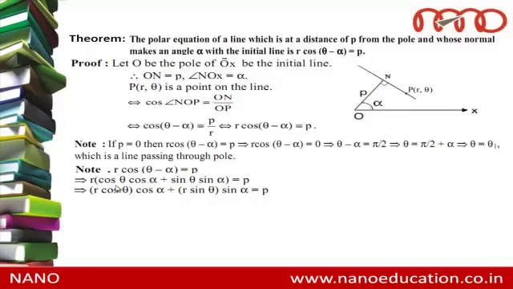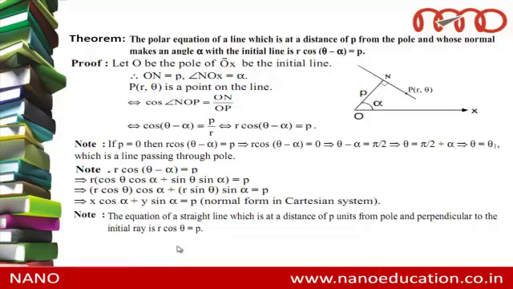Segregating the terms r cos theta and r sin theta together, we get x cos alpha plus y sin alpha equal to p, which is nothing but the normal form of a straight line in Cartesian form, just like we discussed in the initial stage.